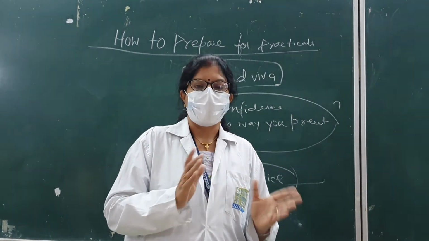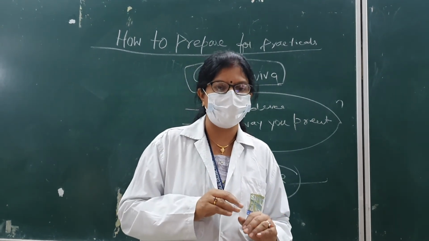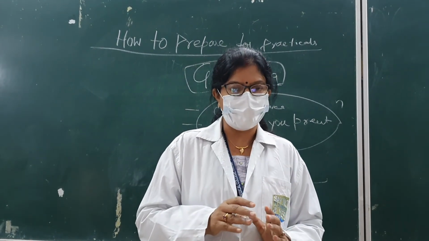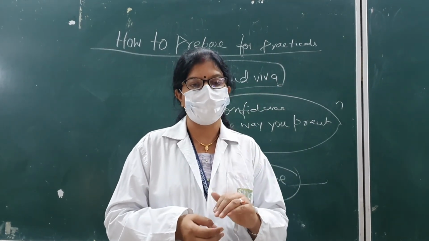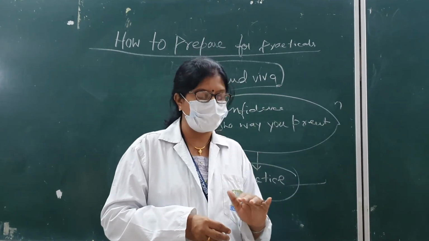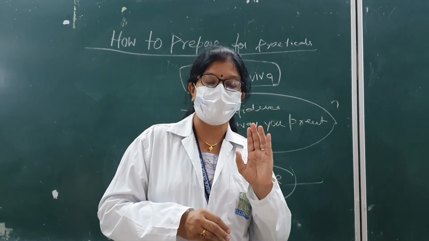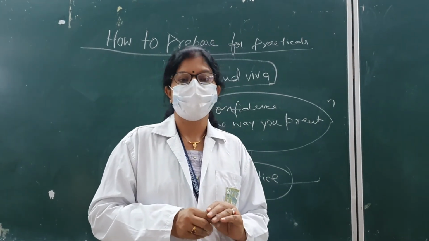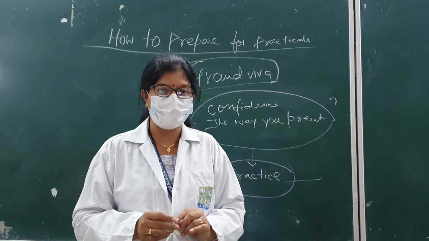That way both preparations can go simultaneously and you can score well in your exams. OK, so it's very important that you start preparing for the practicals from today itself, right now. Don't wait for the theory exam to get over, because in that less time you will become really stressed. OK, thank you.